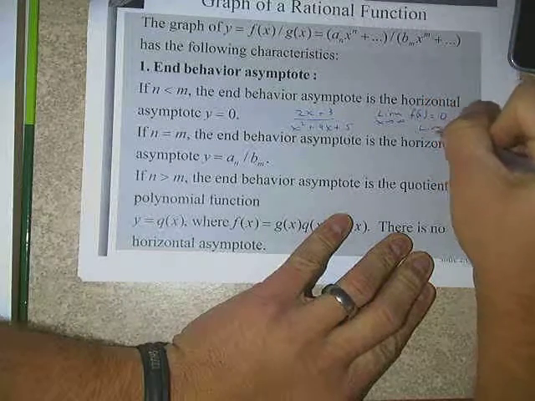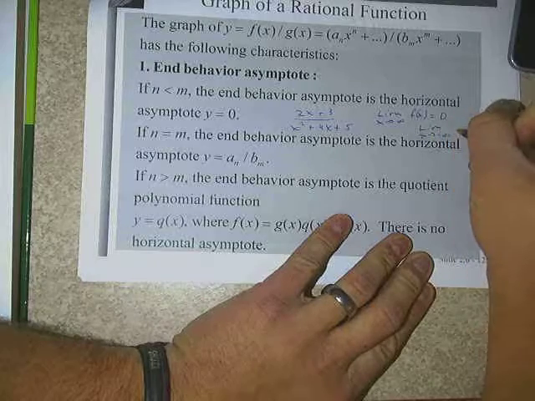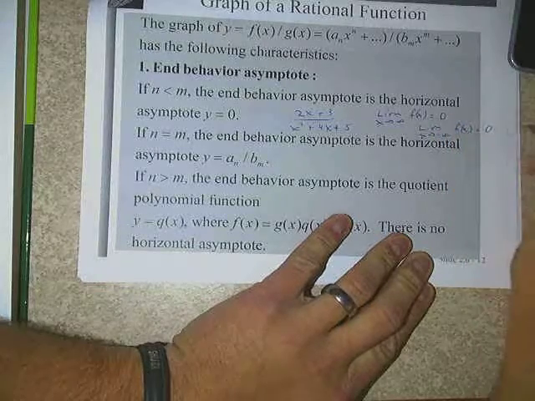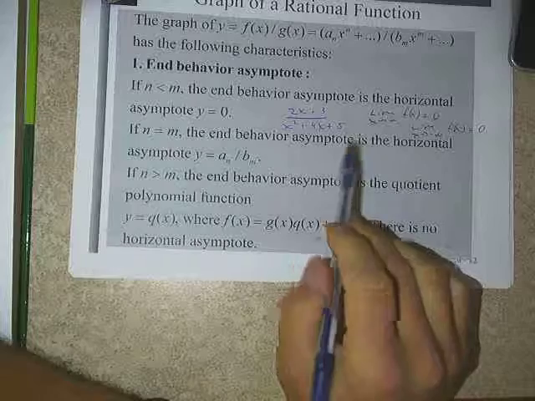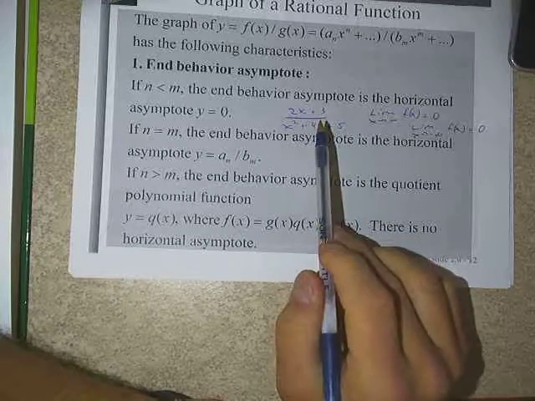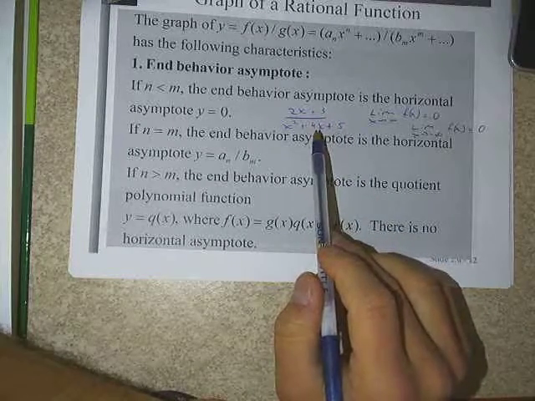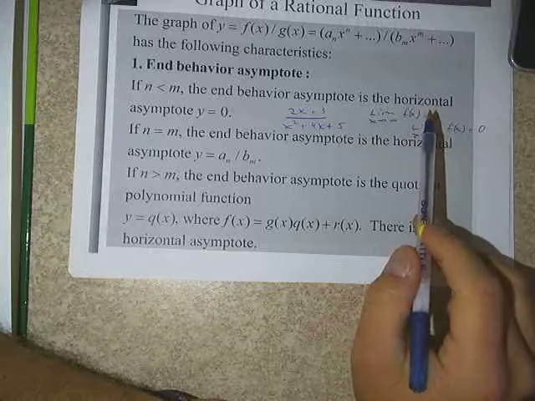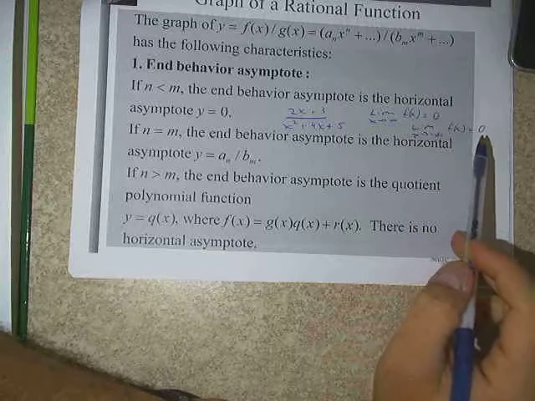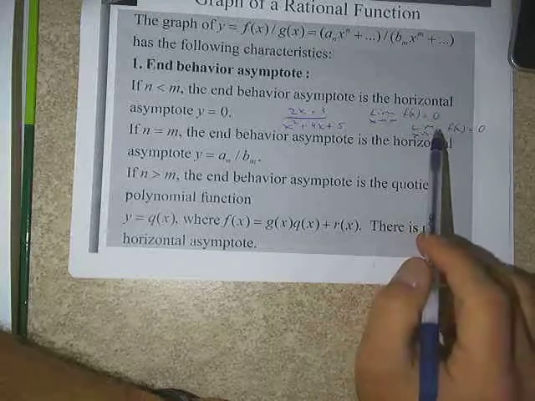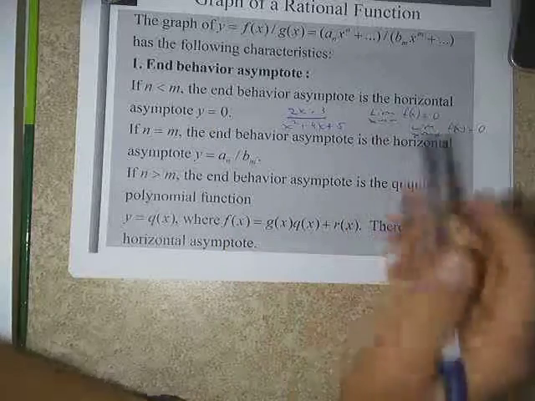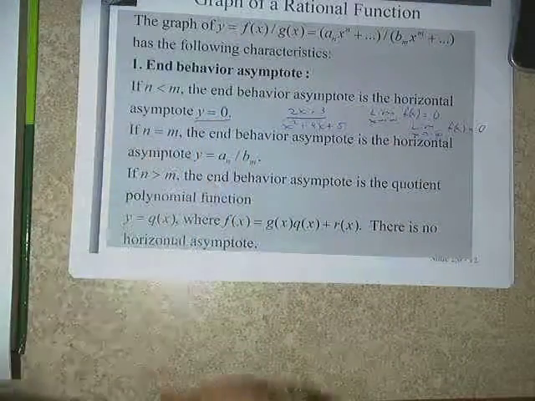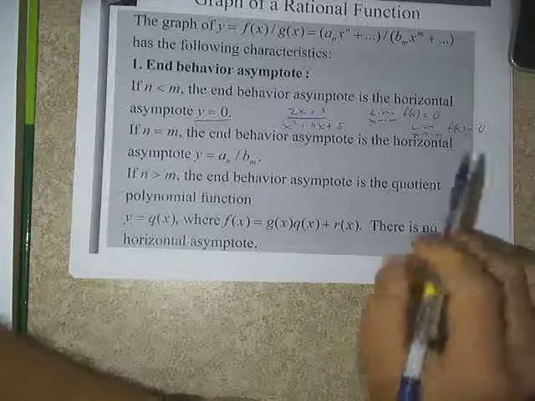I said 0, but I meant infinity. And also the limit as x approaches negative infinity for this function is also 0. So when the top degree is less than the bottom degree, we have 0 as our two end behavior limits, which also corresponds to the fact that we have a horizontal asymptote at y equals 0.